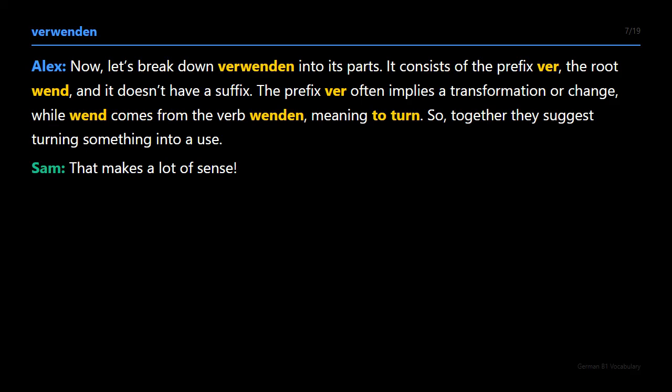The prefix ver often implies a transformation or change, while wendt comes from the verb wenden, meaning to turn. So, together they suggest turning something into a use. That makes a lot of sense.